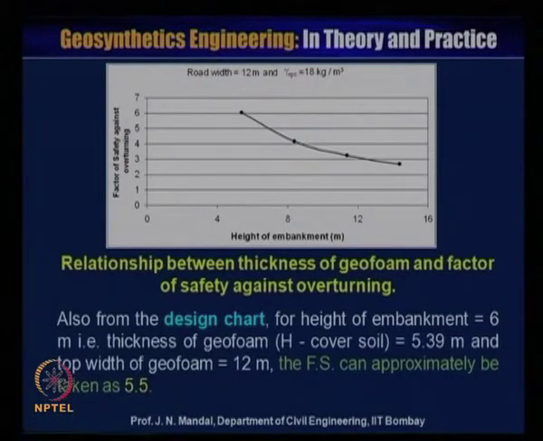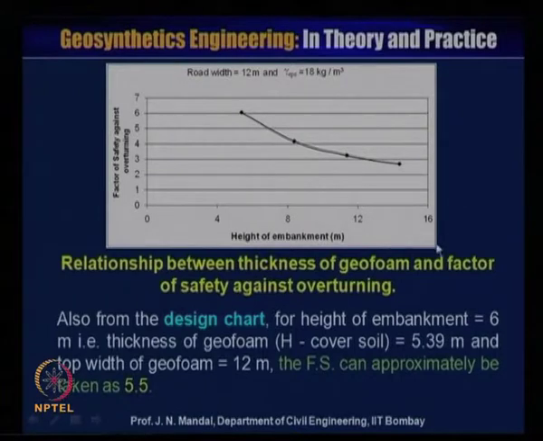Now, here is the relationship between the thickness of the geofoam and the factor of safety against overturning. This is for a particular road width of about 12 meter and the gamma of EPS equal to 18 kg per meter cube.